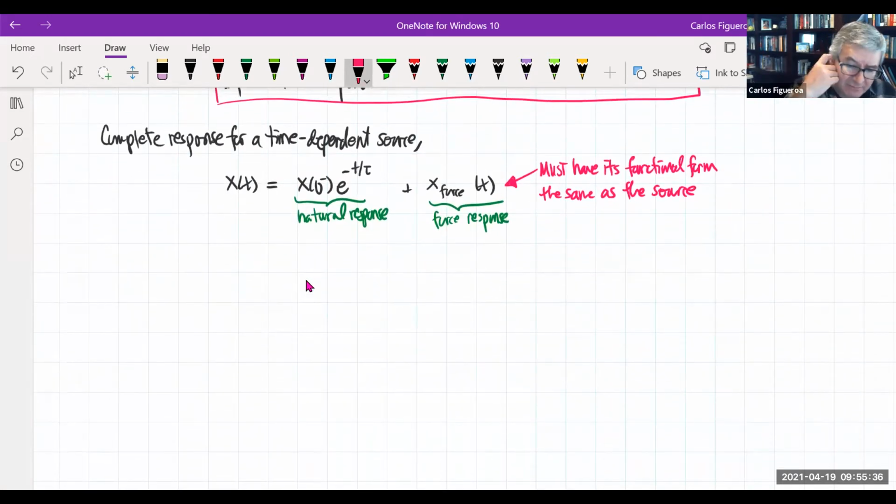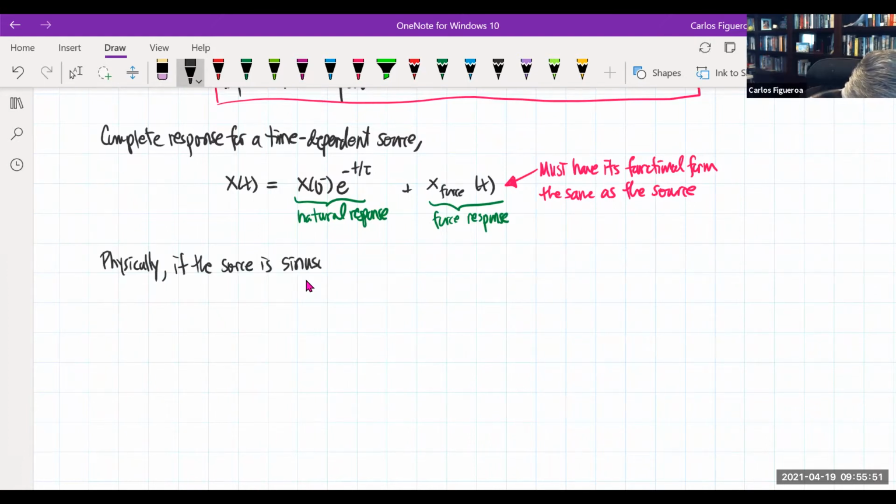I mean, think about it, right? So physically, if the source is sinusoidal, then the capacitor slash inductor must behave sinusoidal.